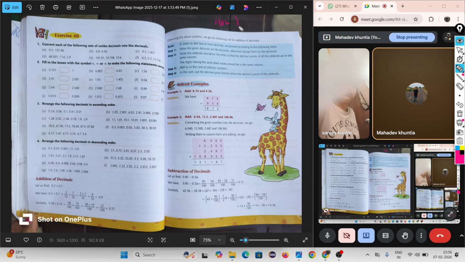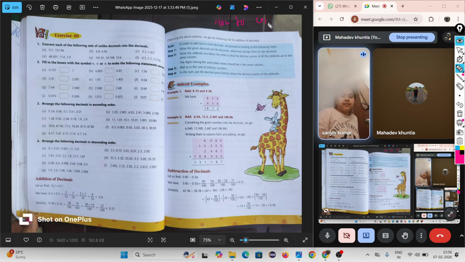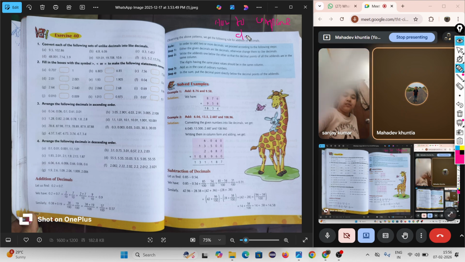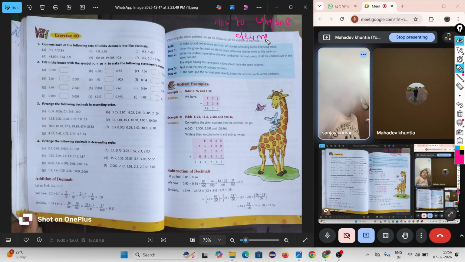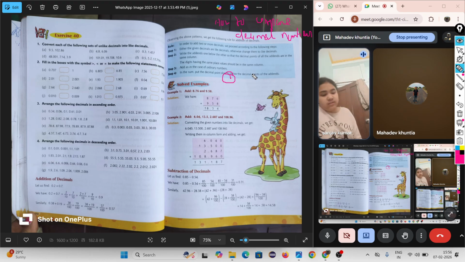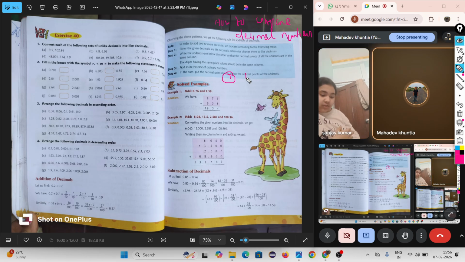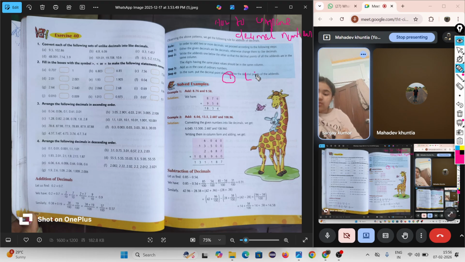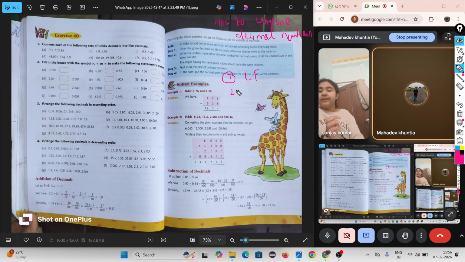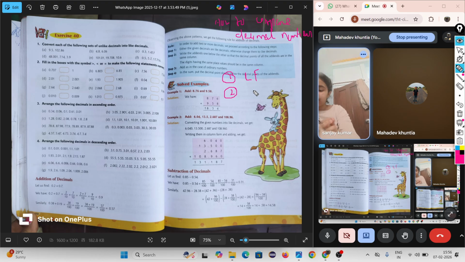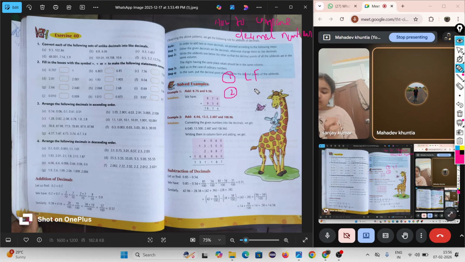Okay, then tell me how to compare decimal numbers. First, convert each decimal into like decimal. Then number two, check the whole part.